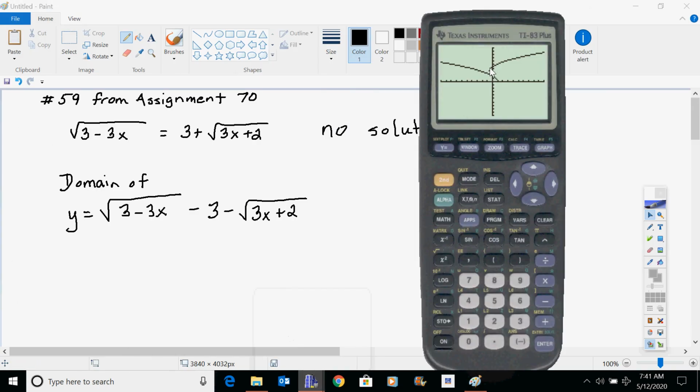The values for this function go this way, and the values for this function go this way. So when you subtract them, if you'll notice, there are no values over here for this one, and there are no values over here for this one. So the only place where you can do that subtraction correctly is where you have values for both of them.